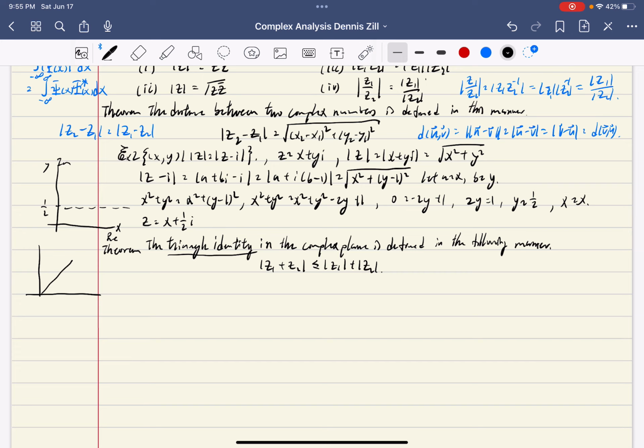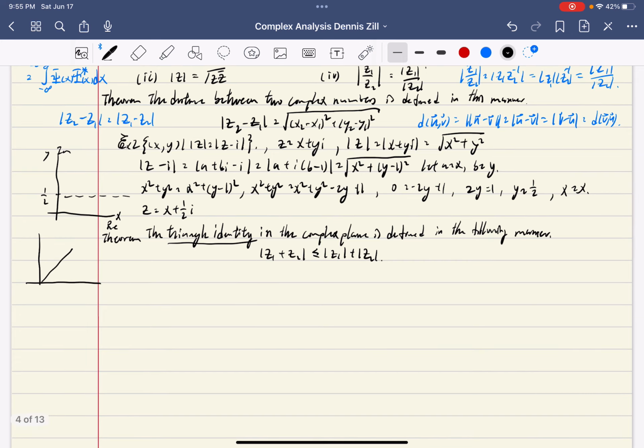This is the absolute value, well, really the length of z1 and z2, right? It's greater than the sum, sorry, the sum, right? So this z2, z1, right?